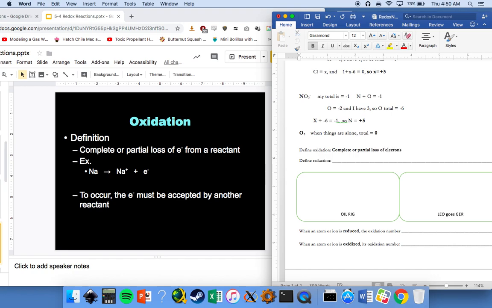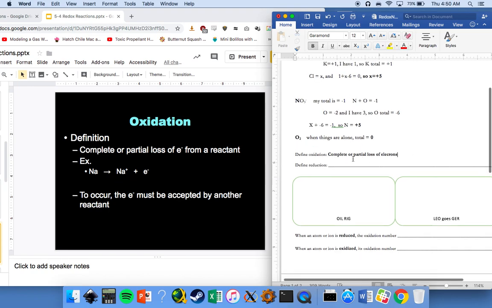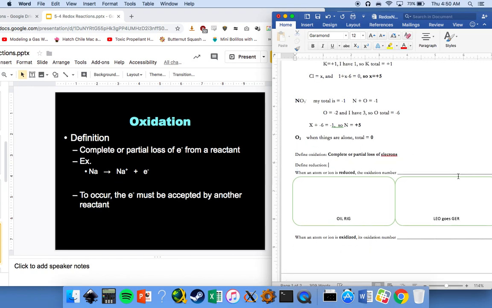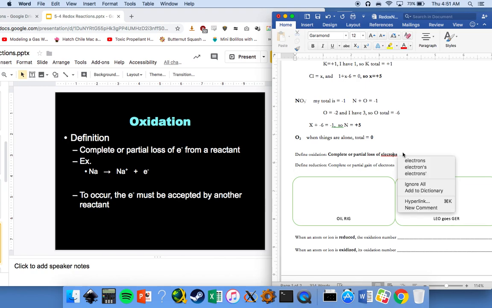And oxidation and reduction are partnered processes. So if I have oxidation, I have to have reduction, which is the complete or partial gain of electrons.